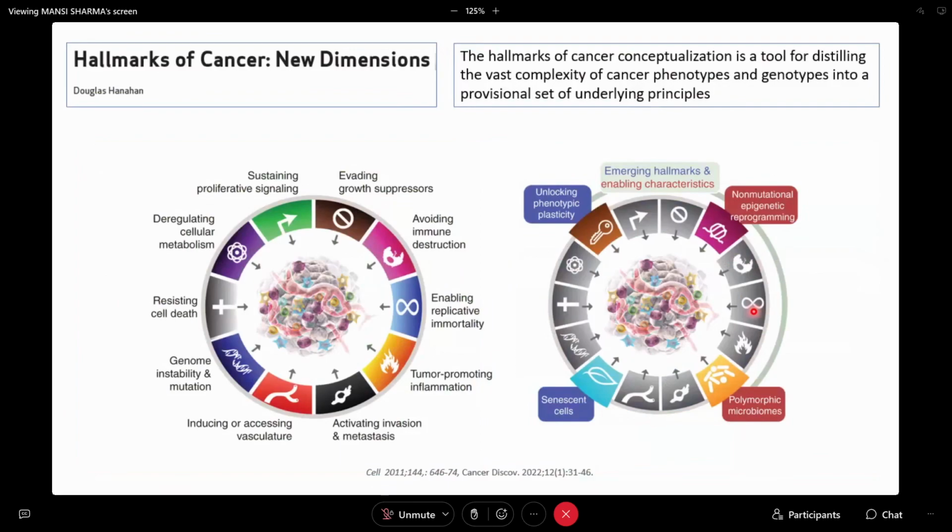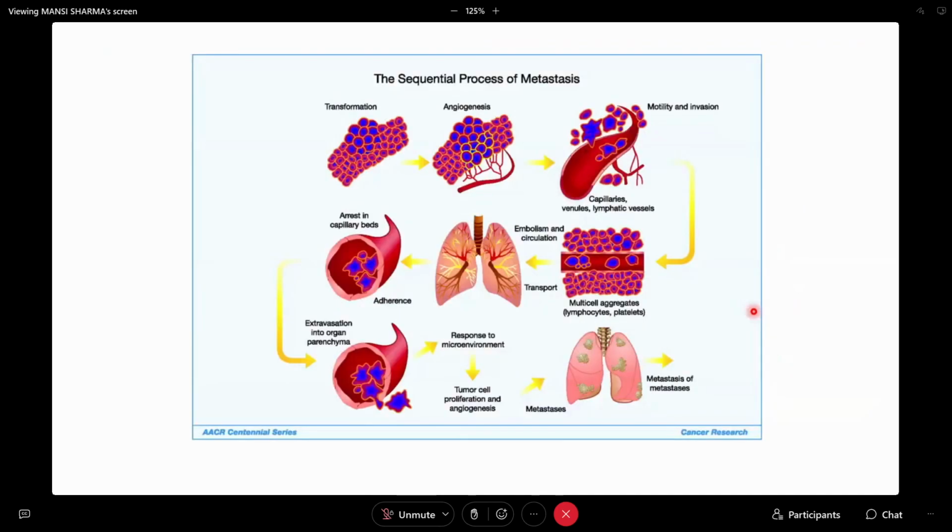Now, in today's world, a lot of new dimensions have been added to this. The article was updated in 2011 and very recently in 2022. I think a class has already been done on this, so I just wanted to put this here for completion's sake.